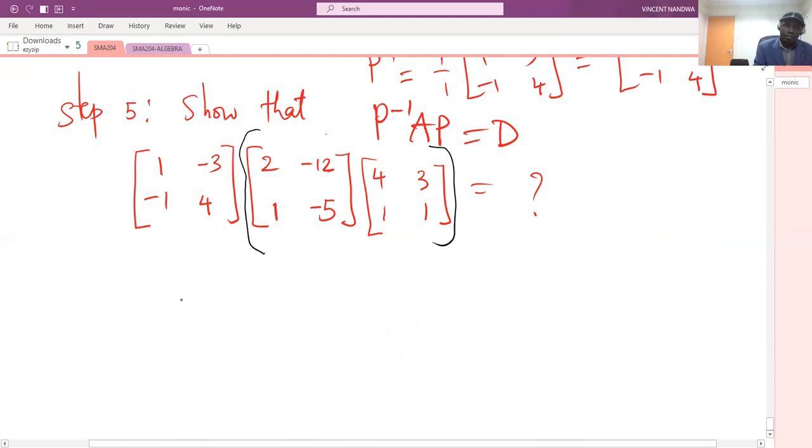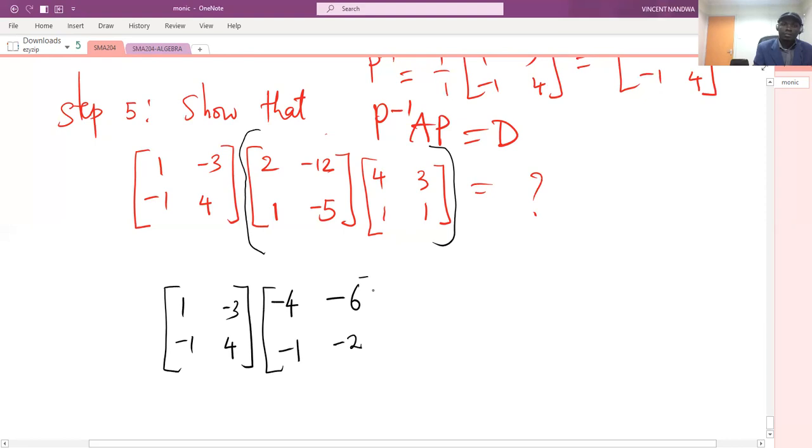We have 1, minus 3, minus 1, 4, and then into it: 2 by this one is 4, 4 minus 12, this is 8 minus 12, which is minus 4. 2 by this is 6, 6 minus this gives minus 6, 4 minus this is minus 1, and then 3 minus 5 is minus 2. 1 times this, minus 4 plus 3 is minus 1.